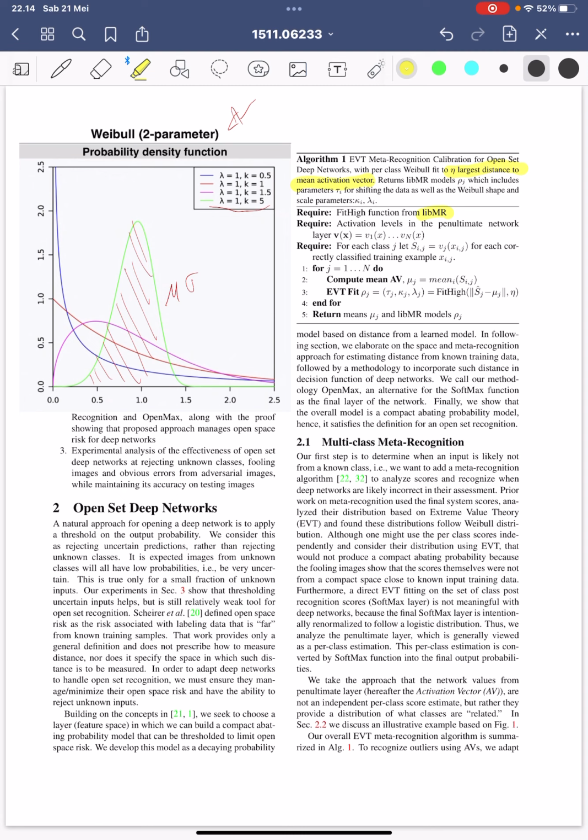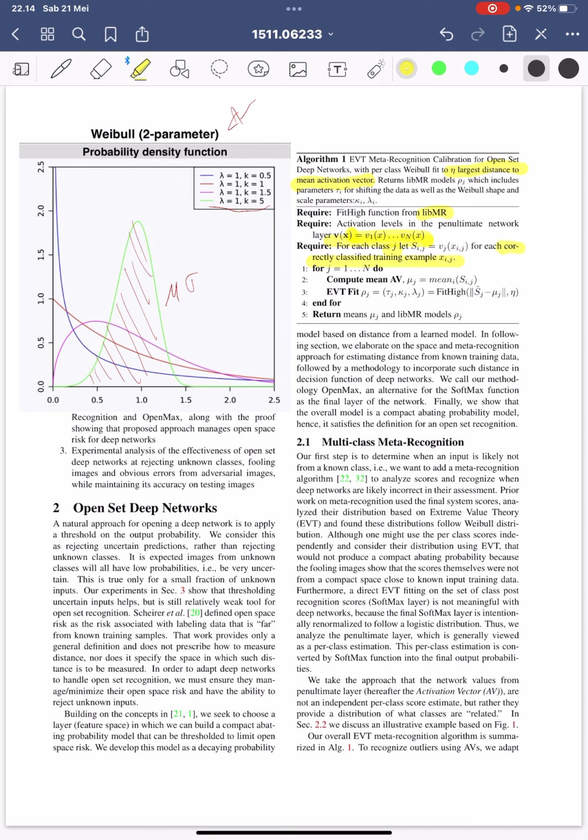As you can see, we have to get the activation factors for all the samples, and then for each class j, we need to get the factors that are correctly classified.